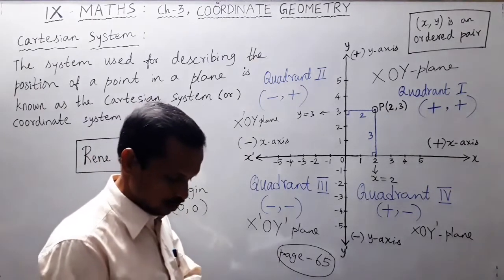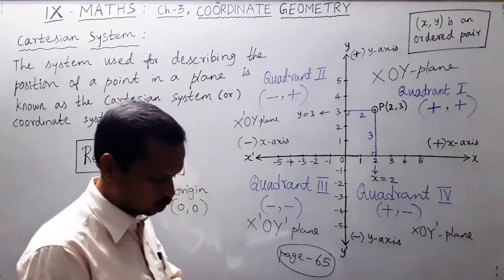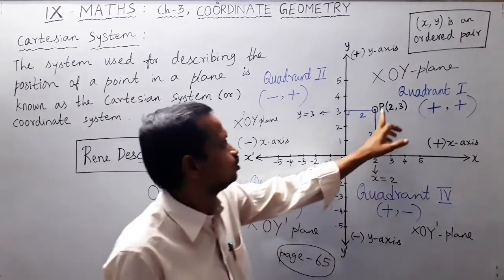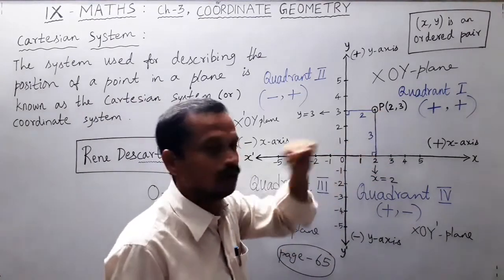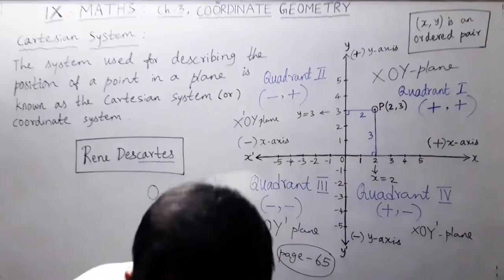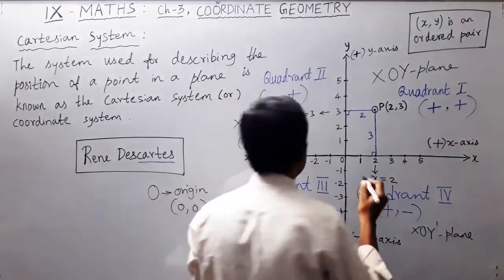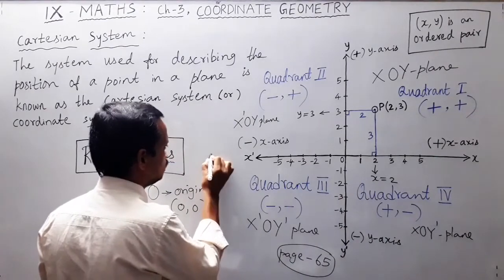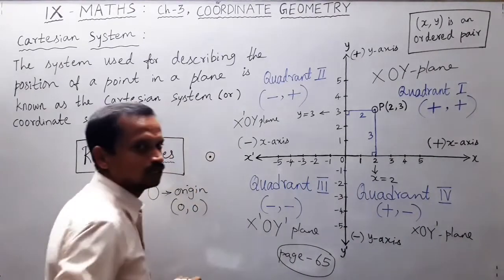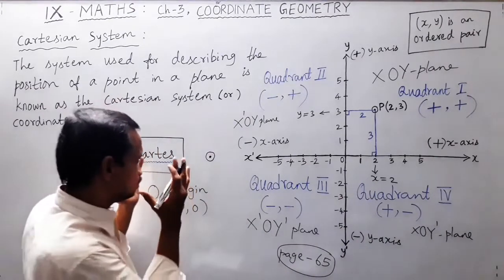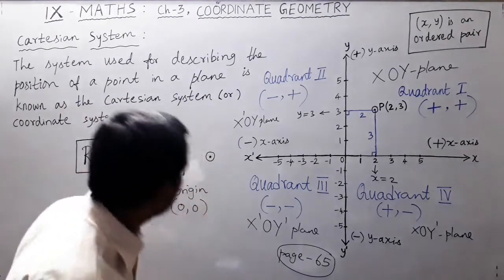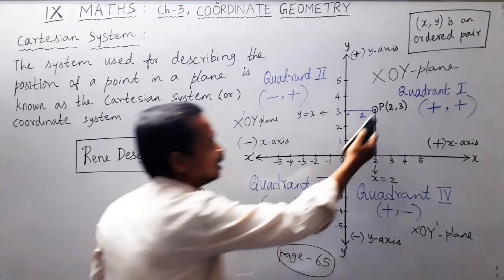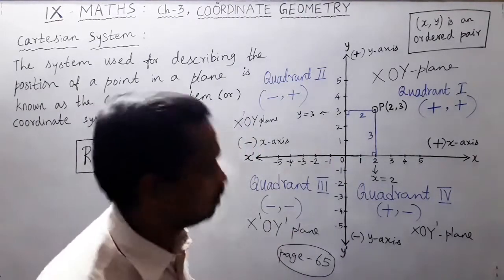For example, you take this point P. I just put a point and encircled it, so you can focus there only. That is point P.